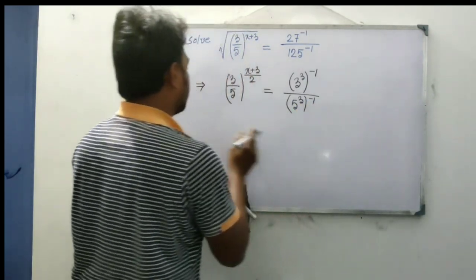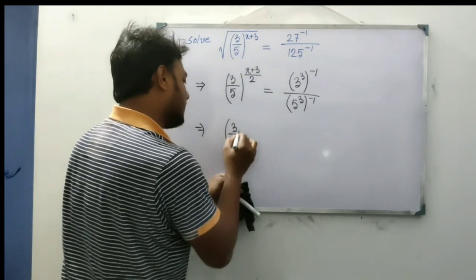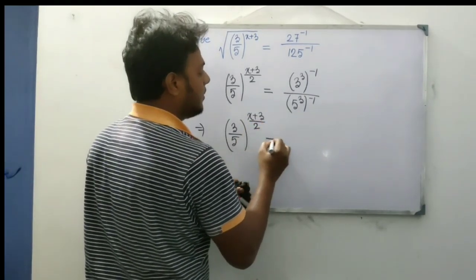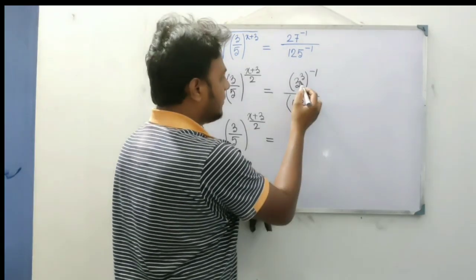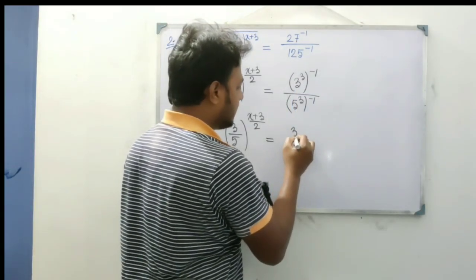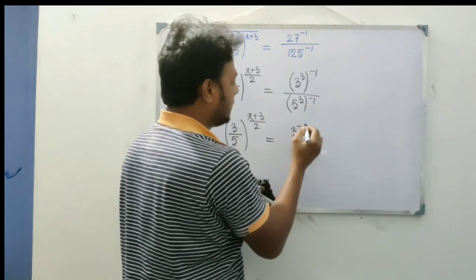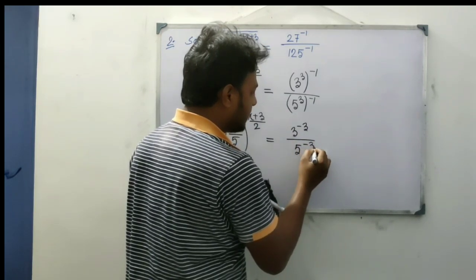Understood? Next, implies that in the left hand side the base is 3 by 5, so keep it unchanged, equals to, this can be written as 3 to the power minus 3 in the numerator, and the denominator can be written as 5 to the power minus 3.